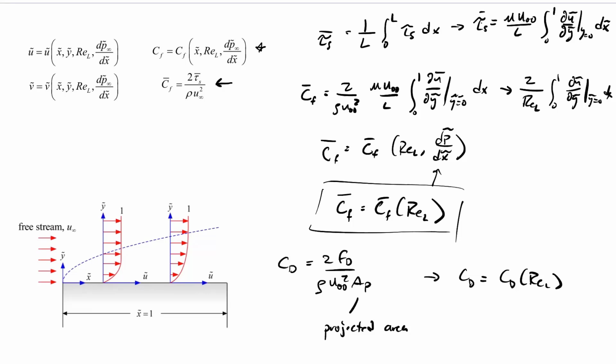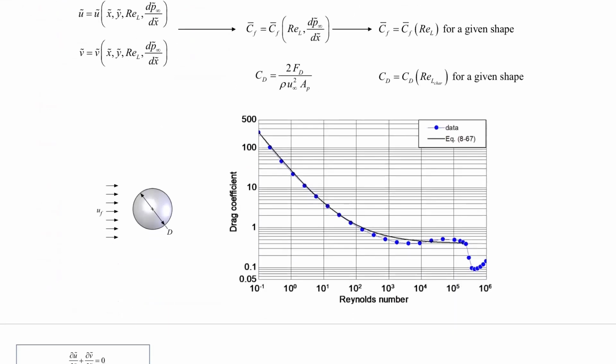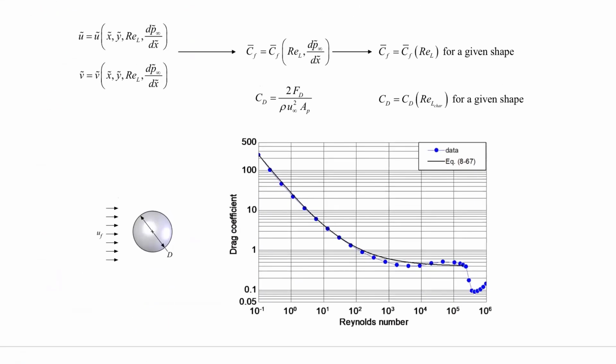Okay, let's look really quickly at an example of how this looks. It's something you've probably seen before. You have this chart showing flow over a sphere, and we're correlating the drag coefficient as a function of Reynolds number. This is actual experimental data.